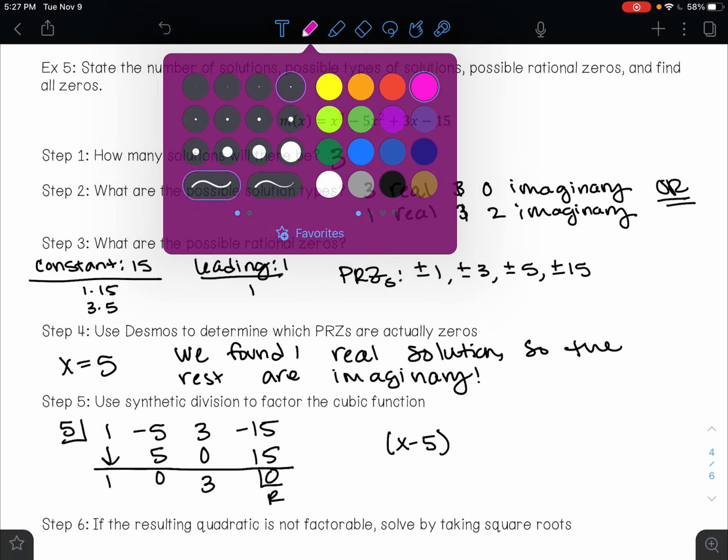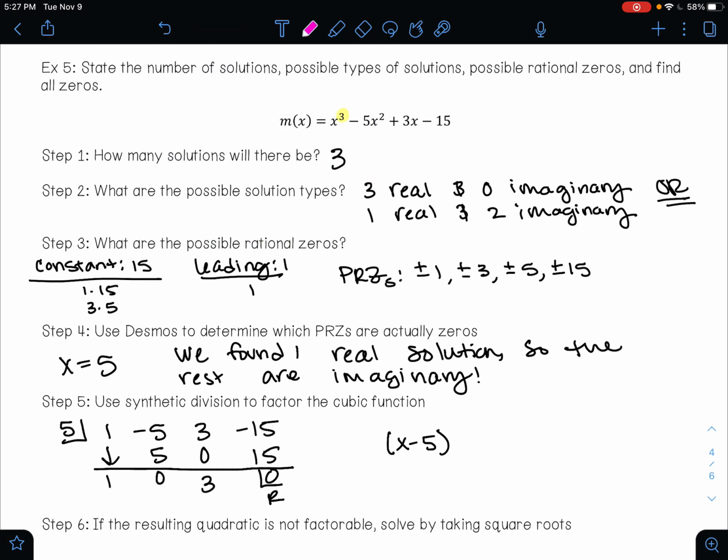I started with x cubed, so this is x squared, x to the first, and x to the 0th power. So here that's going to be x squared plus 3. Here, this is a quadratic. It is only a binomial. And because it's a binomial, we wouldn't necessarily use a box method here.